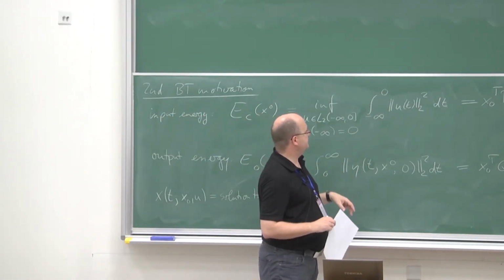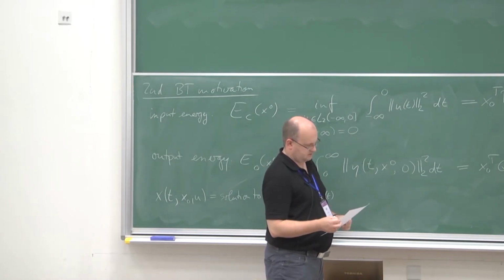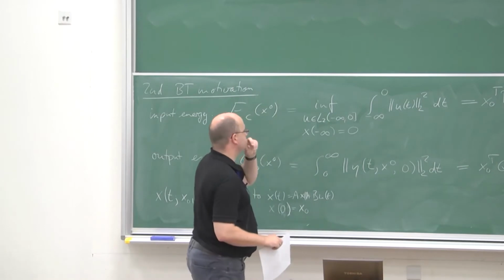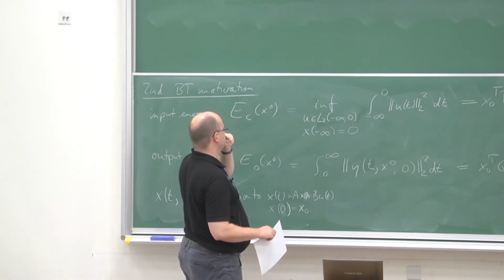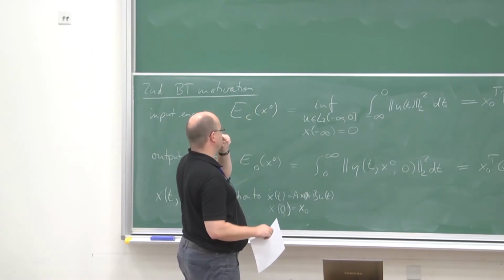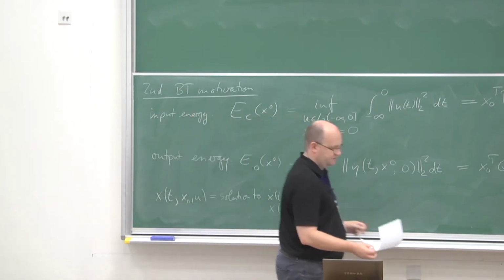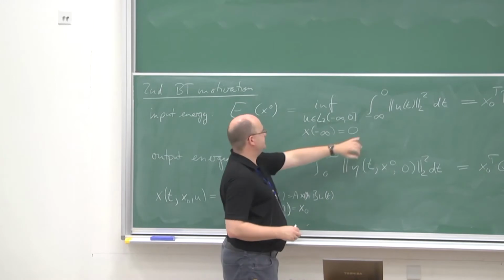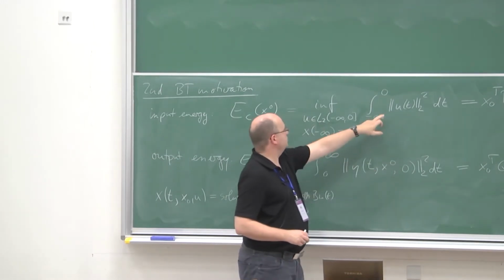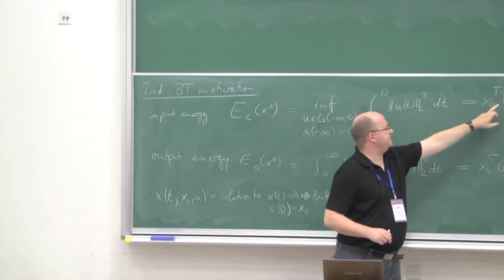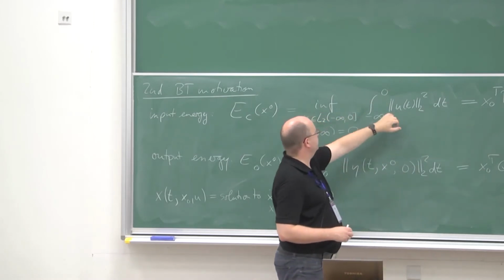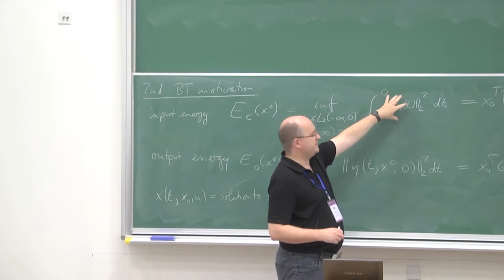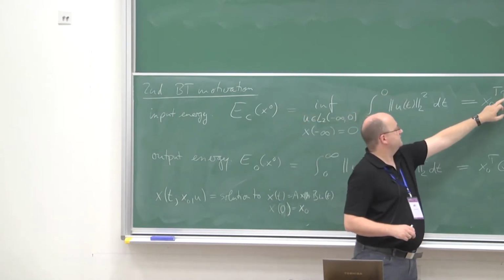Anyway, the basic idea is you make an ansatz for u of t. You show that for that u of t you obtain that formula. So you make the ansatz for u of t so that this integral becomes this Gramian.